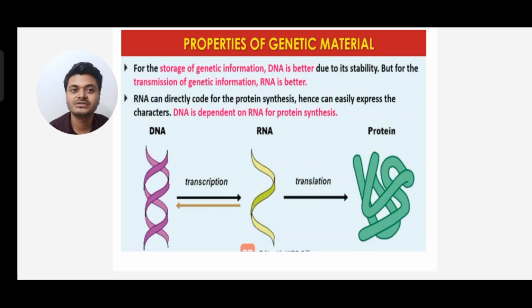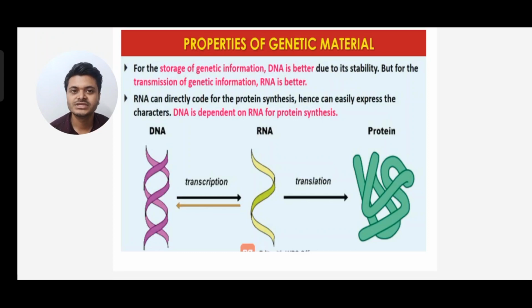DNA is always dependent on RNA for protein synthesis, because we know the central dogma: DNA is converted to RNA and RNA is converted to protein. First is transcription, when DNA is converted to mRNA, and when mRNA is converted to protein, that process is called translation.